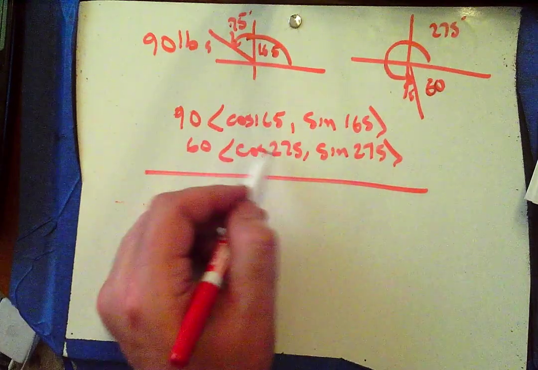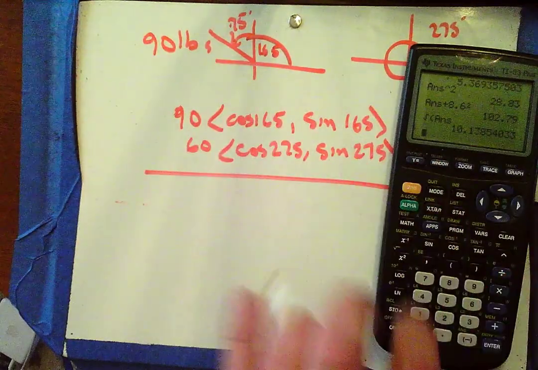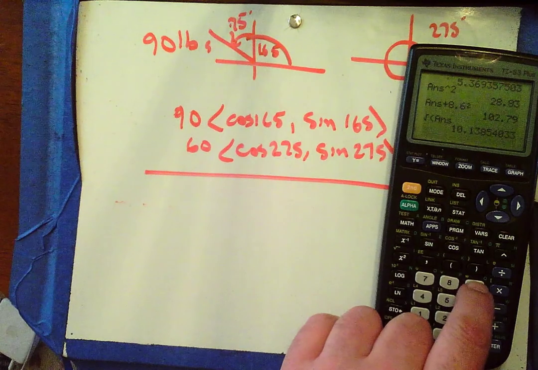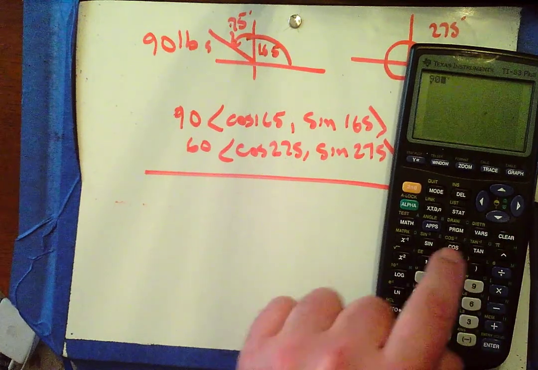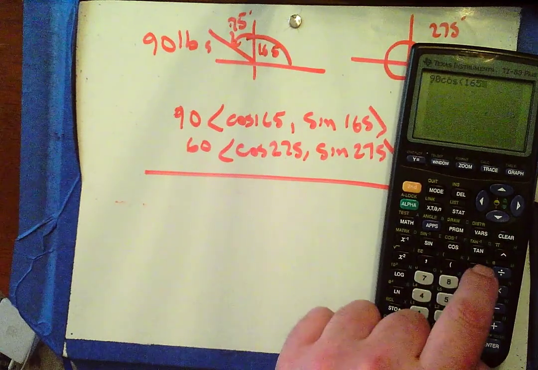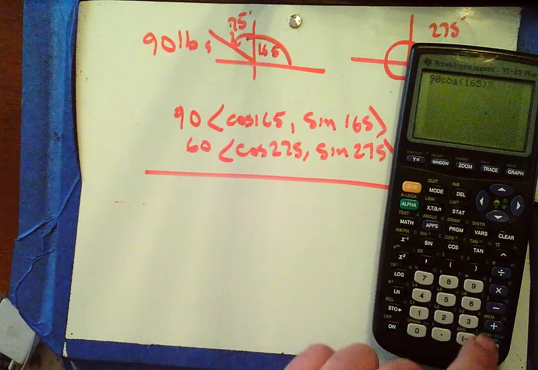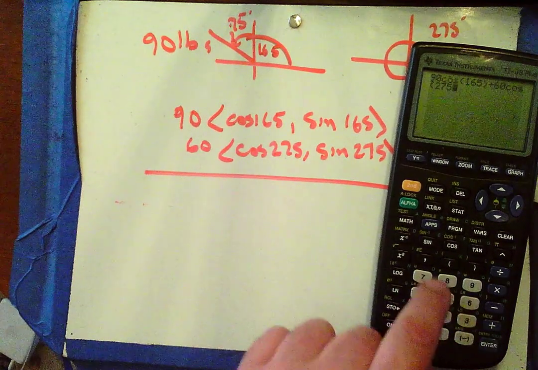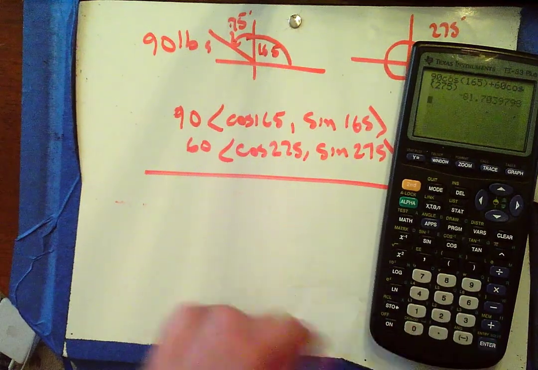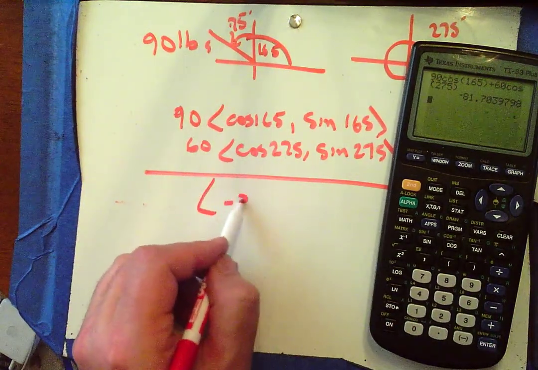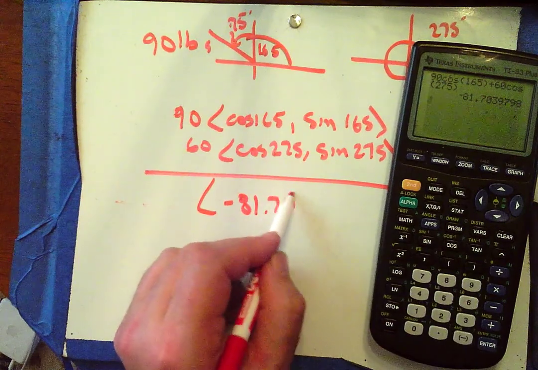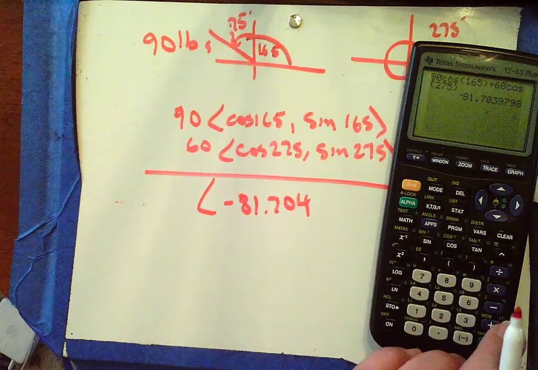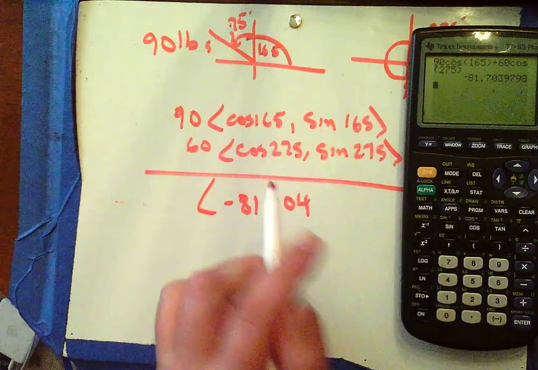I don't know these from the unit circles, so I'm just going to do 90 cosine 165, close parentheses, plus 60 cosine 275, close parentheses. And I get negative 81.704.